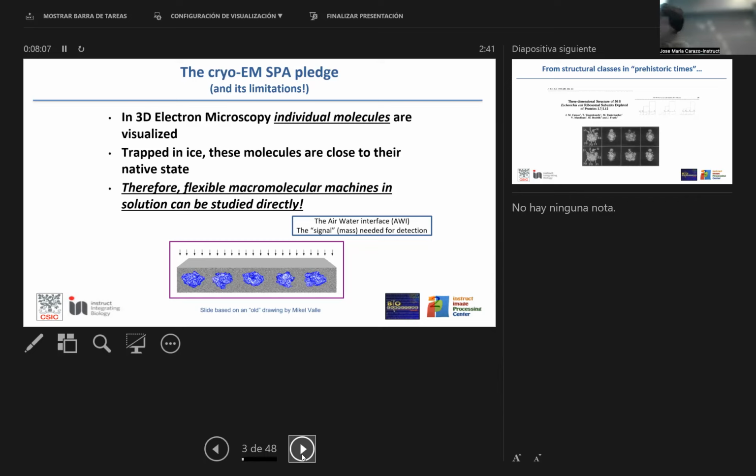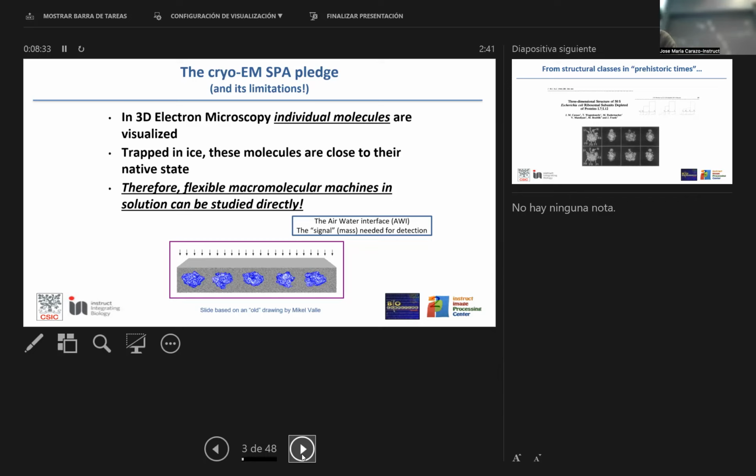Since you are seeing each of them individually, it is conceivable that you could study the structural information of this macromolecule differentially from this one, from this one, from this one. And if you have a flexible macromolecule, this would be the way to sample conformational space.